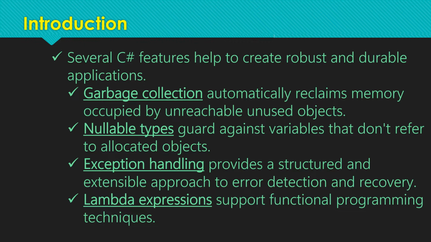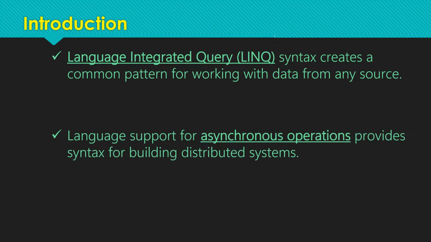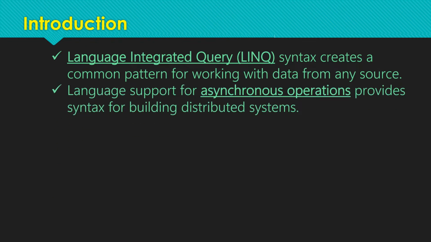Lambda expression basically supports functional programming techniques. LINQ, language integrated query syntax, basically creates a common pattern for working with data from any sources. Language support for asynchronous operations provides syntax for building distributed systems.